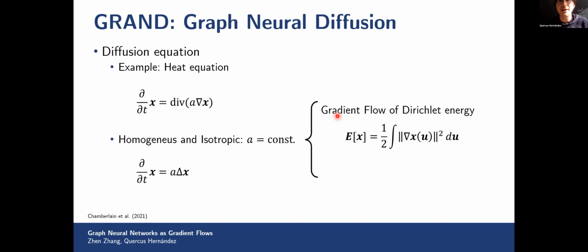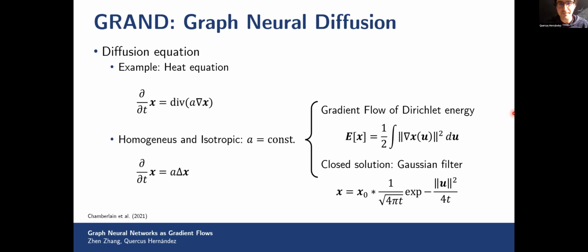First of all, it's a gradient flow of the Dirichlet energy. If you define this energy functional and you do the gradient flow of that energy, meaning the continuous version, so to speak, of the gradient descent, you will achieve the same solution as this equation. Zhen will later explain this in more detail, because you can generalize this to any energy function.